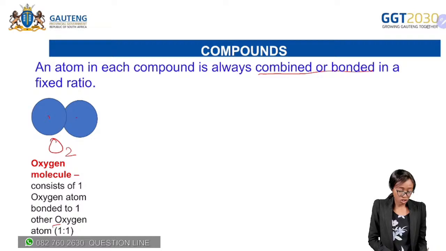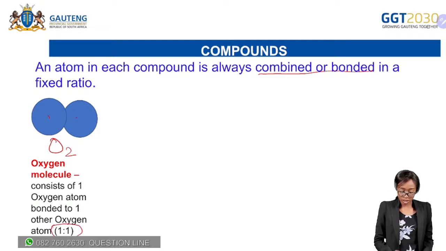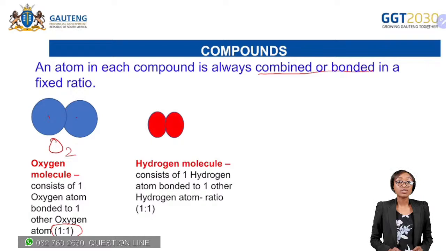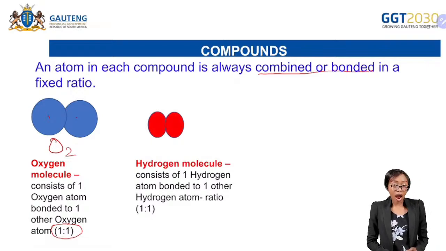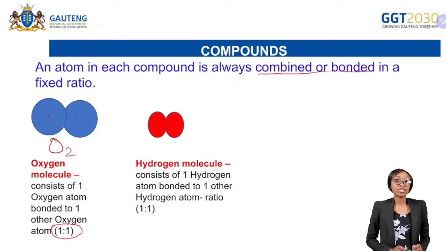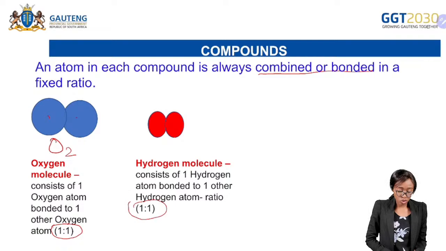So now the ratio becomes 1:1. Let me give you another example. A hydrogen molecule consists of 2 hydrogen atoms. Now, one hydrogen atom is bonded to another hydrogen atom. So it's 1:1. So that is the ratio.